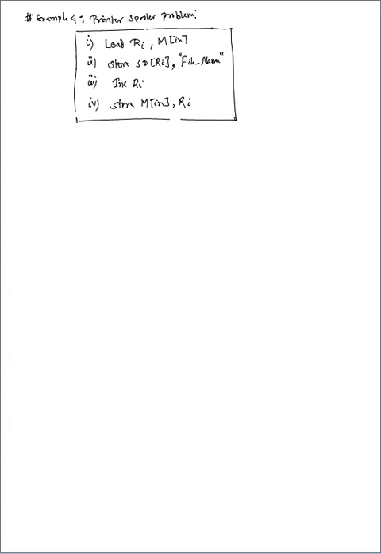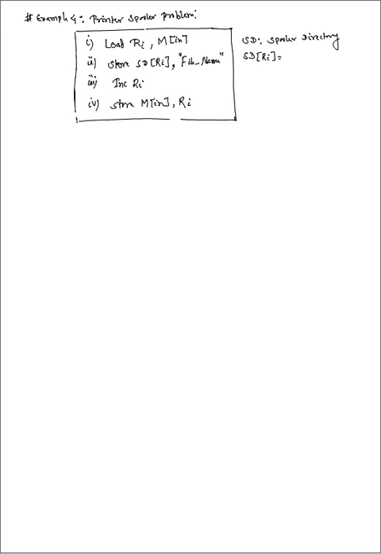Okay, so here I am writing some variable names. SD is the spooler directory. SD acts as a buffer.